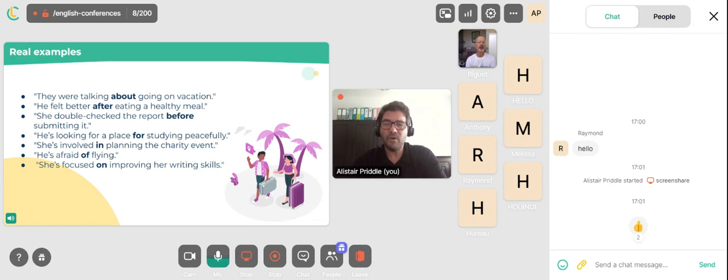He is looking for a place for studying peacefully. She's involved in planning the charity event. He's afraid of flying. She is focused on improving her writing skills. There we are with some real examples using prepositions before and after gerunds.